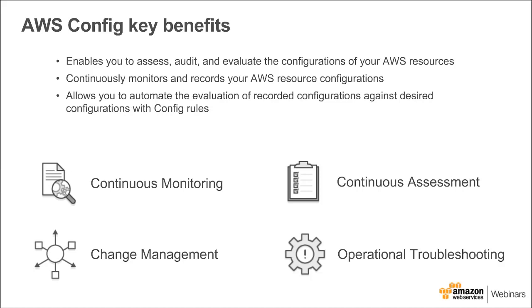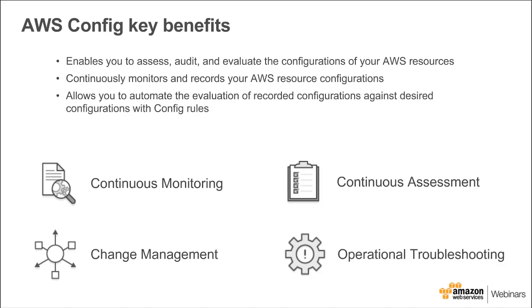You've got mechanisms such as auto-scaling, where resources come up and go within a matter of minutes. And so it's important to make sure that whenever they are online, they have the appropriate baseline configuration and security so that they don't become a weak link in the chain and allow an intruder entry into your environment. So for that reason, it's important to have a continuous capability of monitoring and assessment in the cloud.